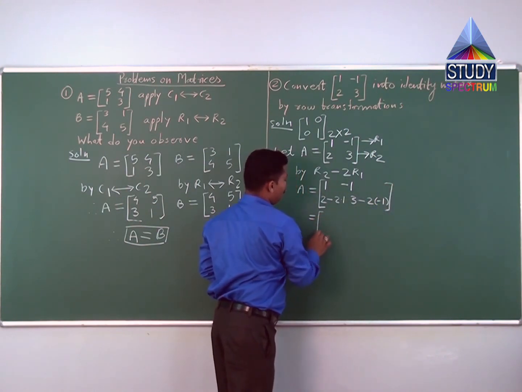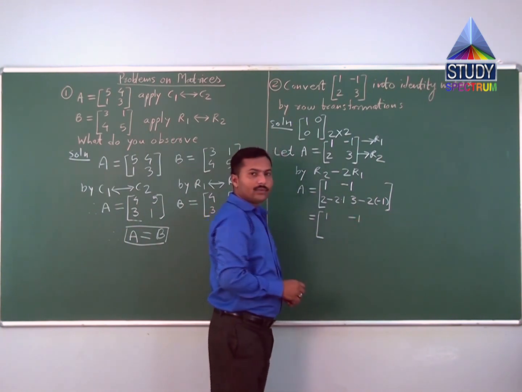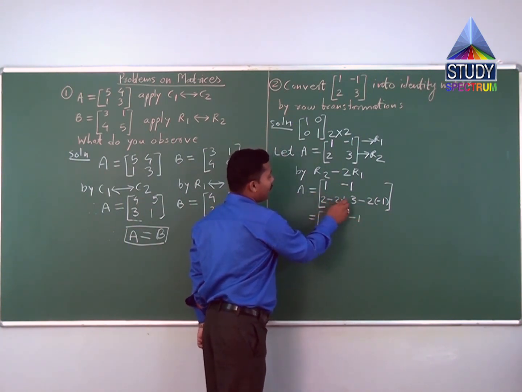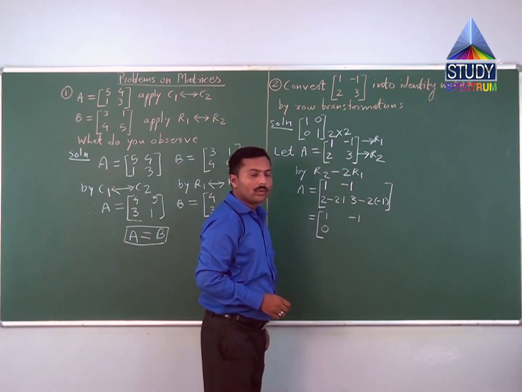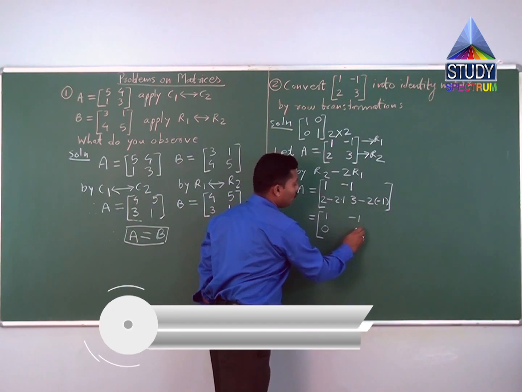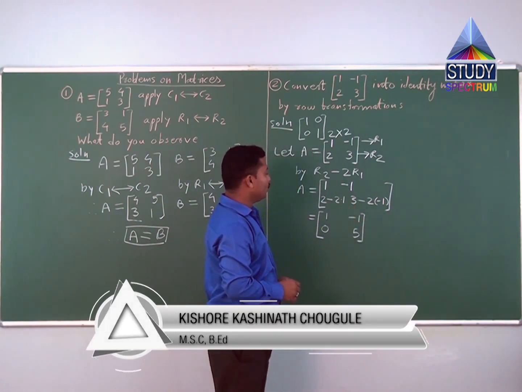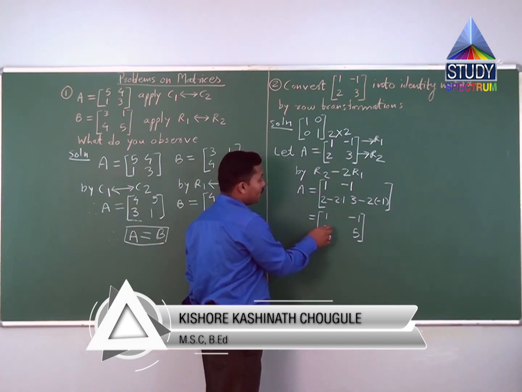So 1 minus 1 as it is, 2 minus 2 is 0, here minus minus plus, 3 plus 2 is 5. So here we made a 0.